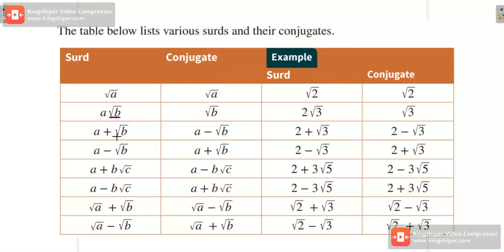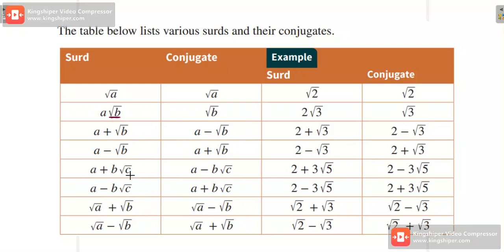When you have a plus root of b, the conjugate will be just swap. Let the sign become negative. So a minus root of b. Example, 2 plus root of 3, the conjugate is 2 minus root of 3. Then a minus root of b, its conjugate is a plus root of b. So we have a whole lot of examples here. Let's look at this.